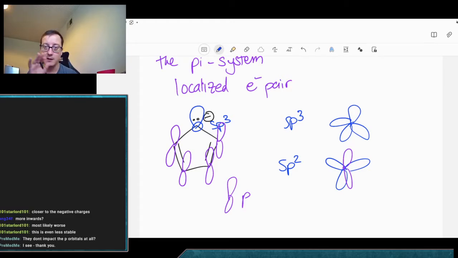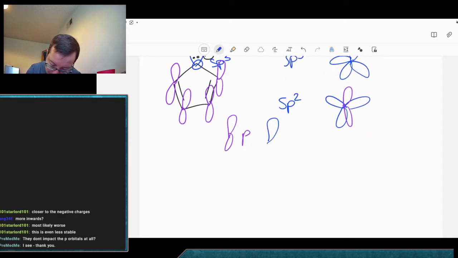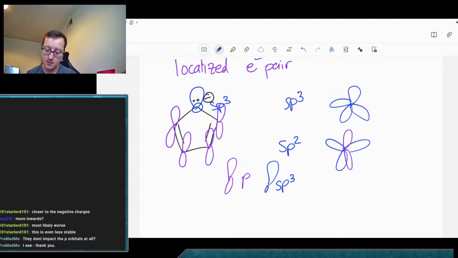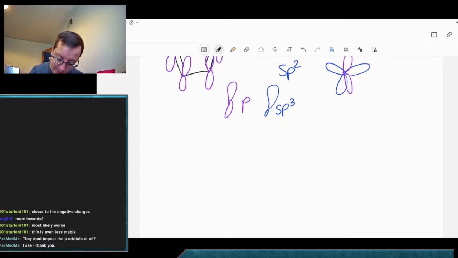Even if it's pointing down, it doesn't matter because there's p orbitals on the bottom side too. So either way, if we've got this sp3 orbital here, we can see that, in fact, now these are in the same geometry as all of those p orbitals. And as a result, that lone pair is free to participate.